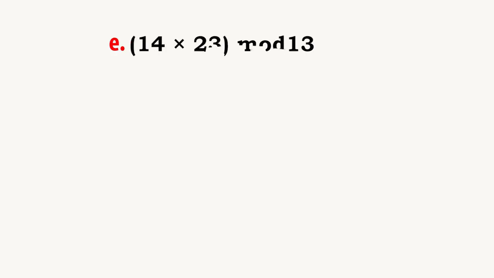Let's look at the fifth example, and by then I'm sure you will get this perfectly. So this time we have 14 times 23 in mod 13. I'm sure you can remember the steps. Multiply the two numbers.